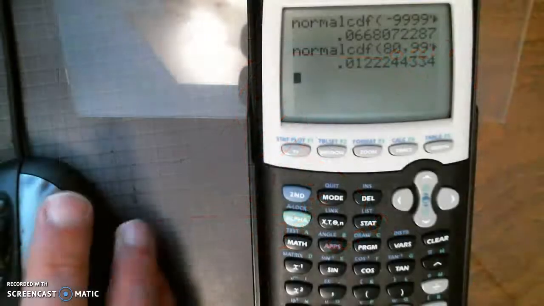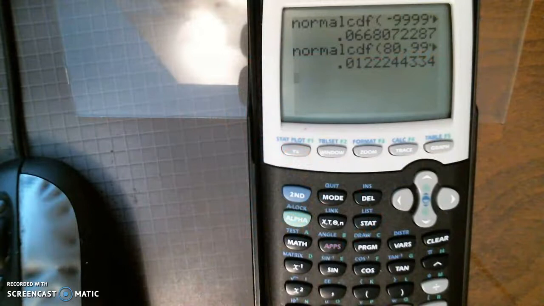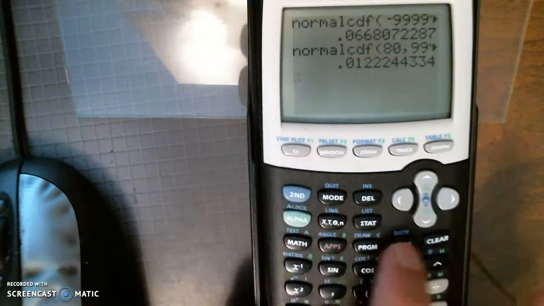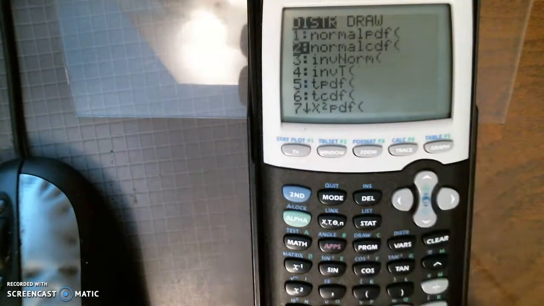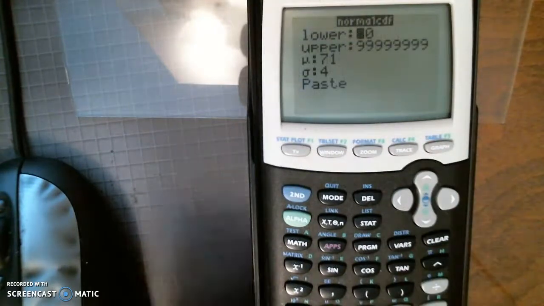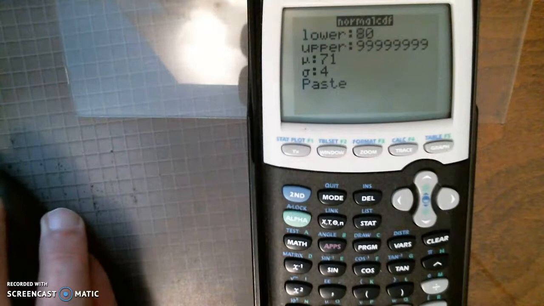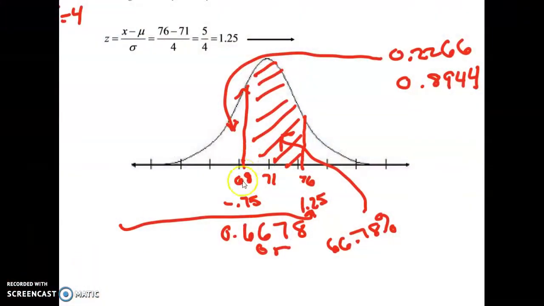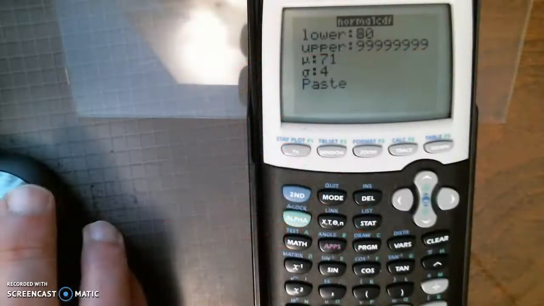Between is really simple, more so than the other two, because we have definite bounds. So normal CDF, the lower bound in this one is going to be 68. The upper bound is going to be 76. Those are the two scores that outline the area.